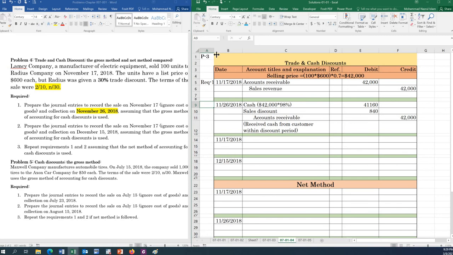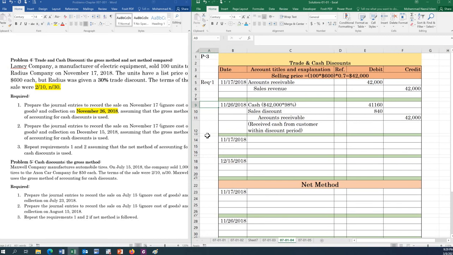requirement 1, and here it is. So prepare journal entries to record the sale on November 17 and collection on December 15, assuming the gross method is used. Okay, now let's start. So requirement 2. So the same thing, actually, we are using the gross method.